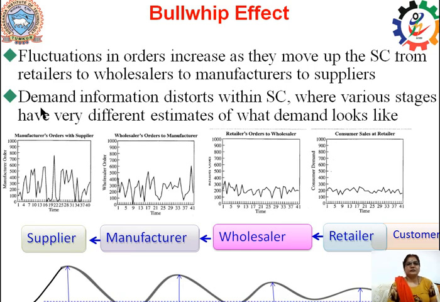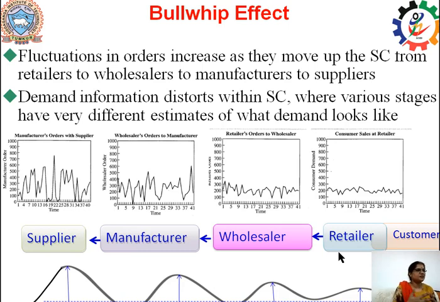Now, demand information distorts within the supply chain, where various stages have very different estimates of what demand looks like. In the sense, the customer is in direct contact with the retailer, who will get the correct picture of the demand. But the wholesaler, manufacturer and suppliers don't have a direct picture of the demand because they don't interact with the customer. So they only prepare their forecast based on their lower stage demand.